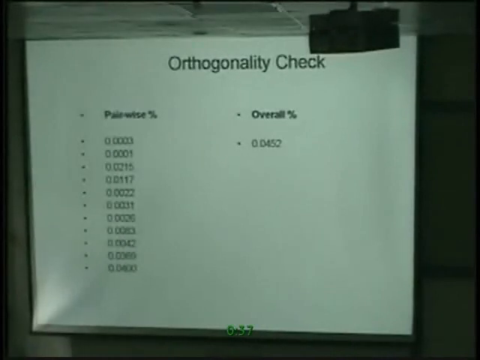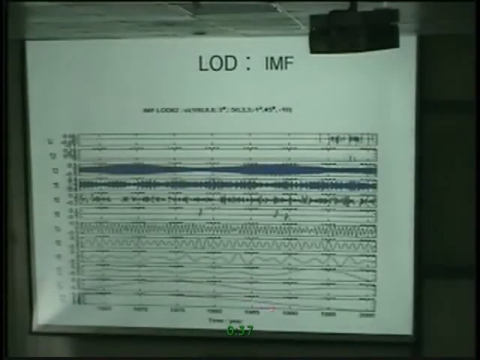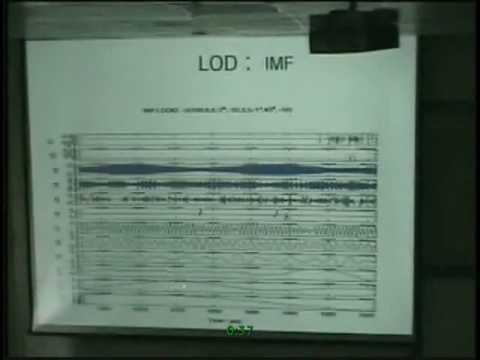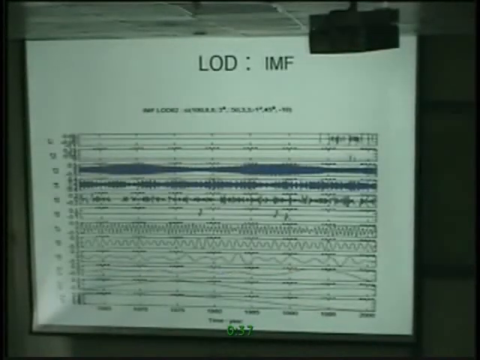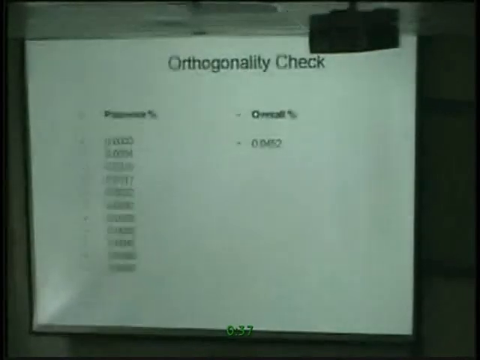And this is very short data, especially the last few components, which only have a few waves, maybe 1 or 2, or say 1, 2, 3, 4, 5 waves. And the orthogonality index is around 4%. That is pretty good.